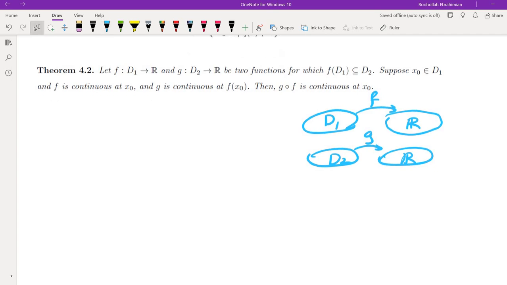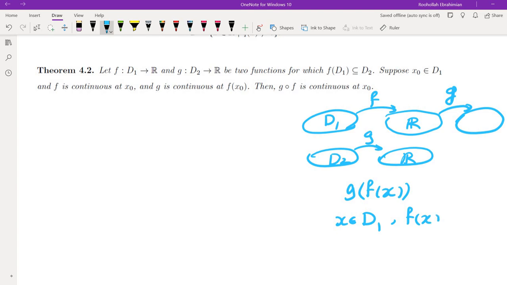In other words, I want to put g after f. I want to be able to talk about g of f of x. So I need x to be in the domain of f, and then I need f of x to be in the domain of g. The domain of g is D2. So what I need is the range of f to be inside the domain of g.